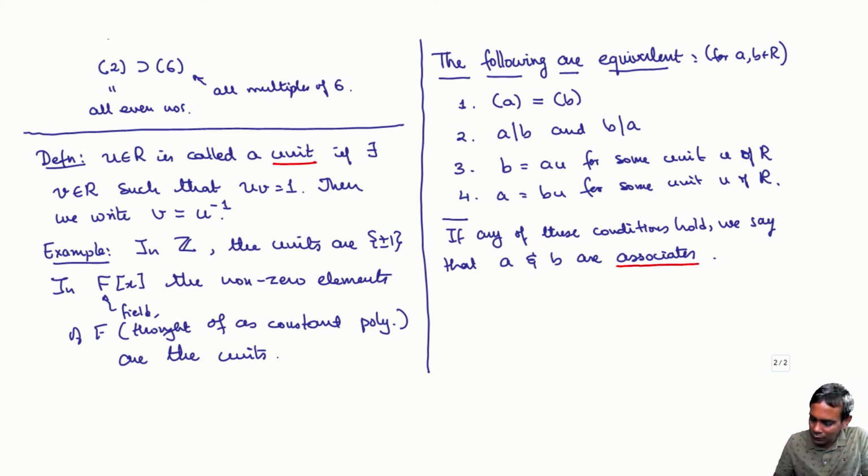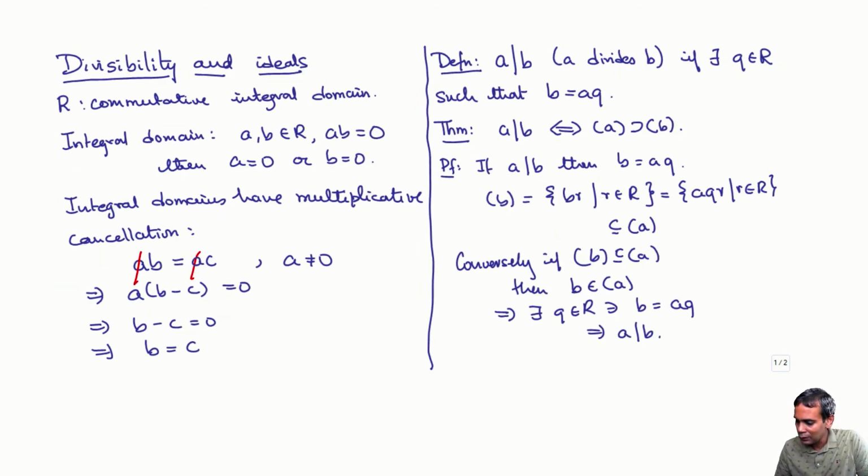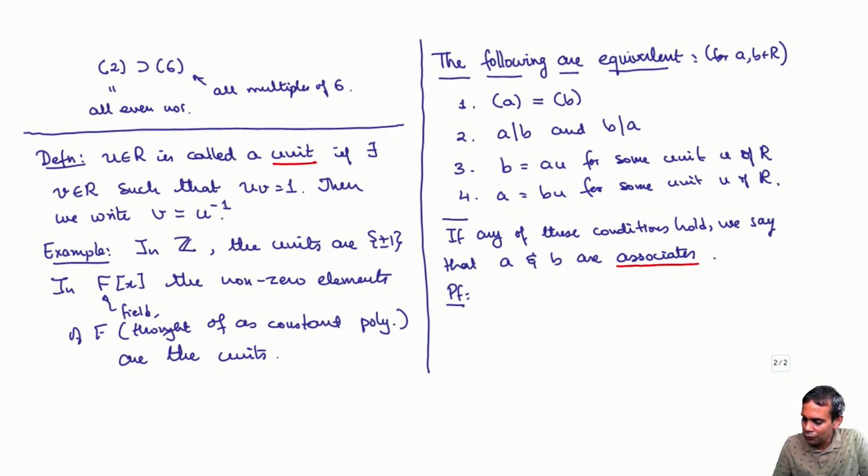It's not very difficult. So we have already seen from the previous page that if a divides b, then the ideal generated by a contains the ideal generated by b.